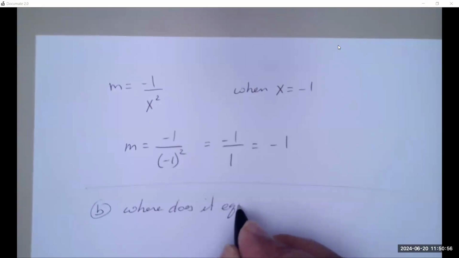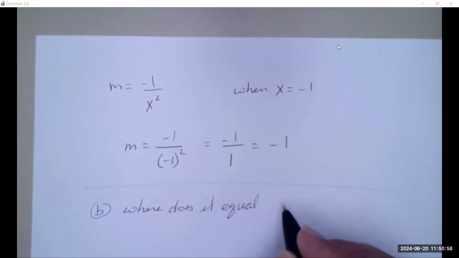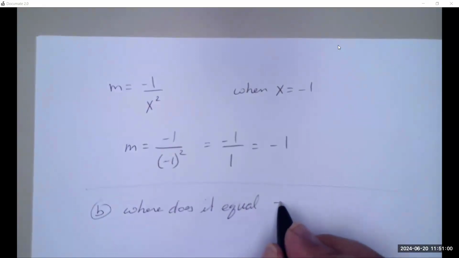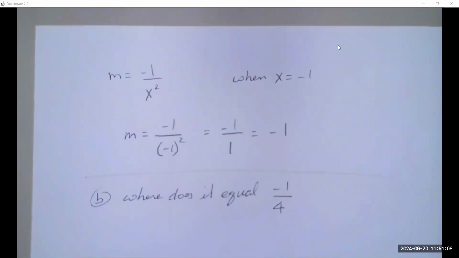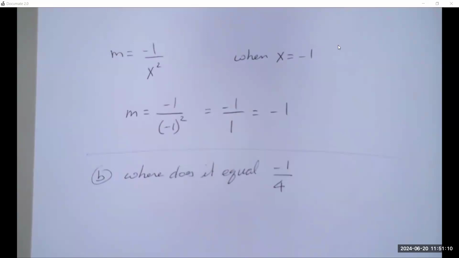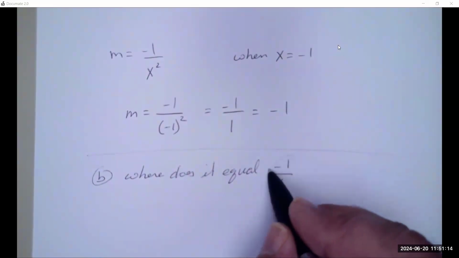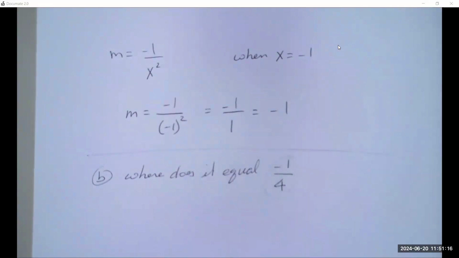Where does it equal -1/4? Remember, when it's asked where does it equal -1/4, what exactly is it looking for?